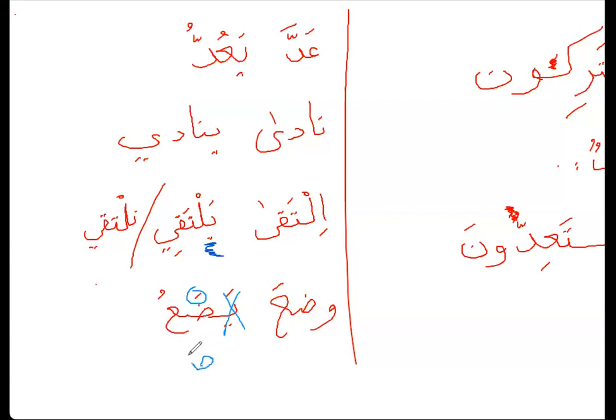So you start with the dad. This letter becomes sukoon because fi'l amr is majzoom. So you say da. Place it, put it here.